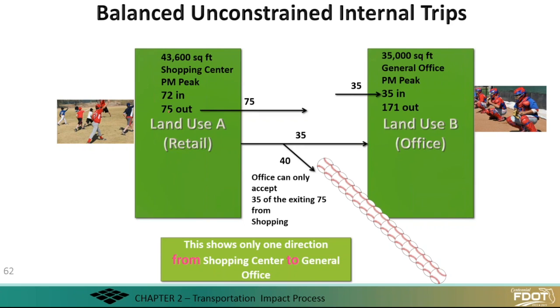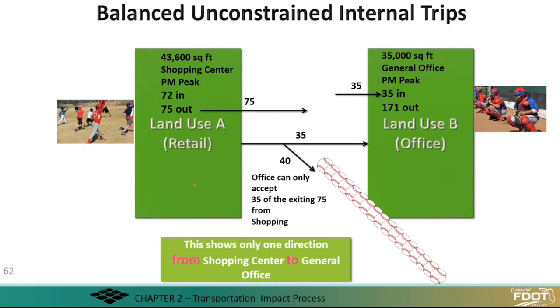These are estimates. And on the same site, they have a 35,000 square foot office building. If you do that calculation, there's 35 trips in during the PM peak, and of course most people are trying to go home. There's 171 of them leaving.